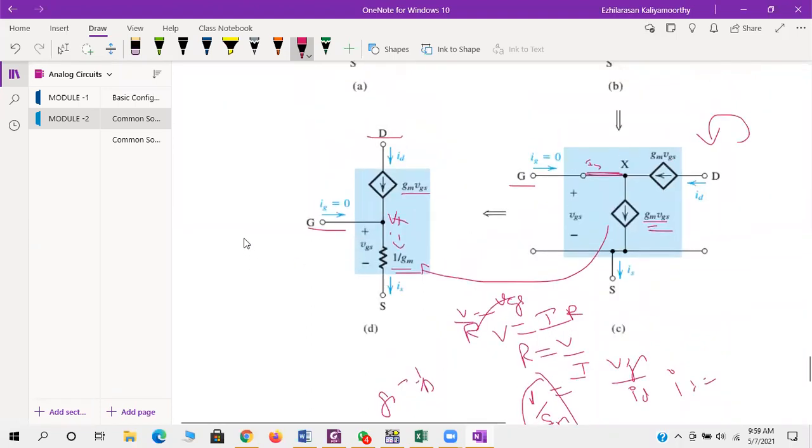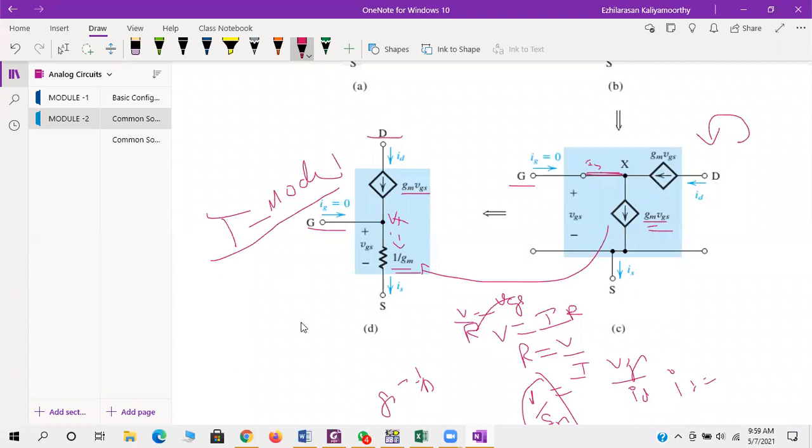So this will be your T model approach. Very, very important thing. It will be simple to calculate the small signal parameters when you use the T model circuits. You may have the doubt when I should use this T model.